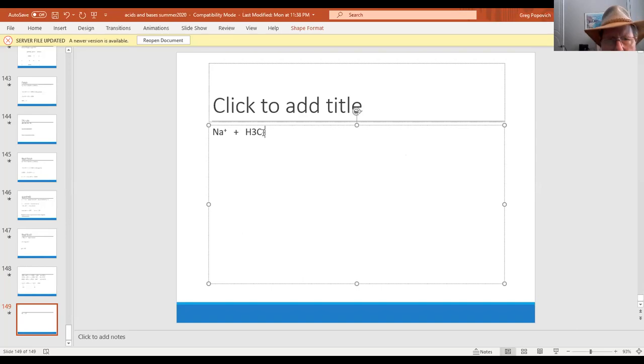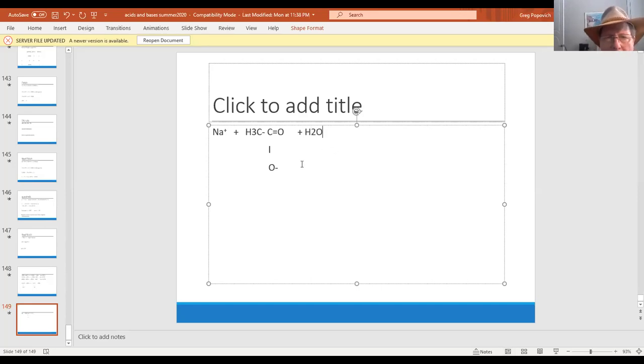Then I have another carbon, just like I did before with the formic acid, only this time I have acetate. Okay? Plus water.